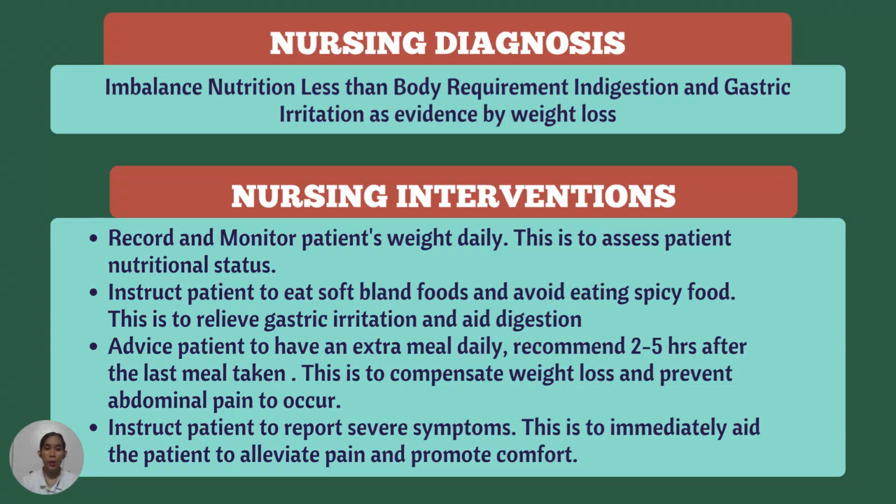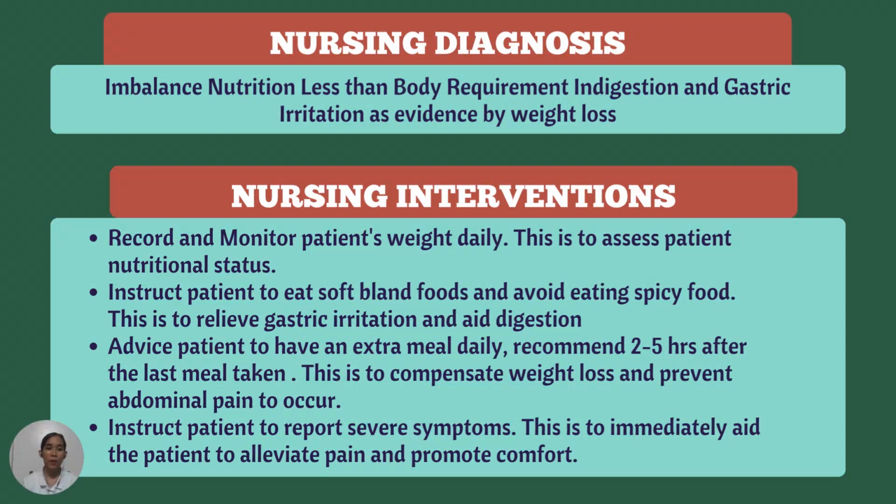And then we're going to instruct the patient to eat soft, bland foods and avoid eating spicy foods. As we recapped earlier, spicy foods can aggravate or worsen the symptoms of the ulcer.